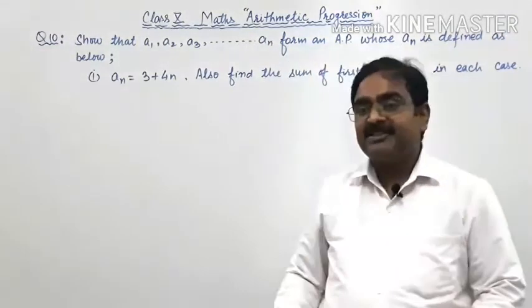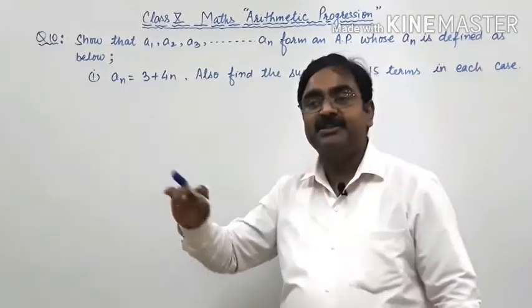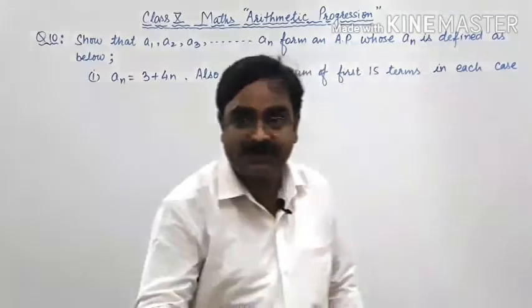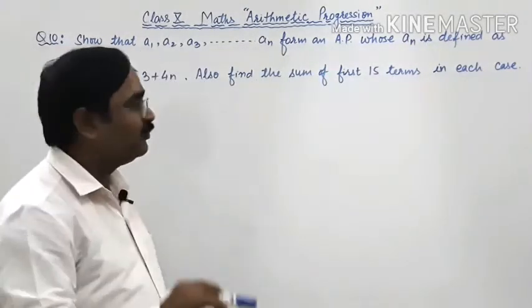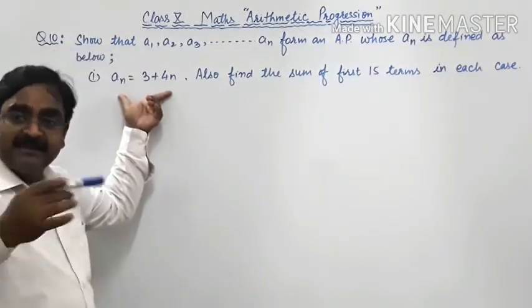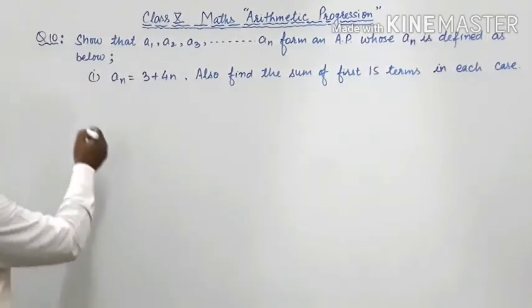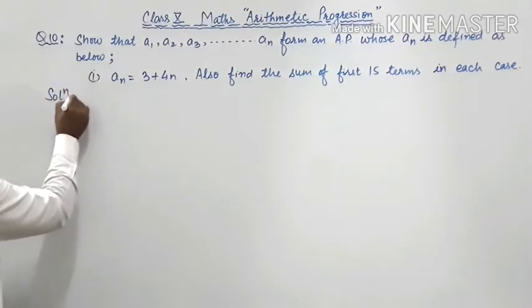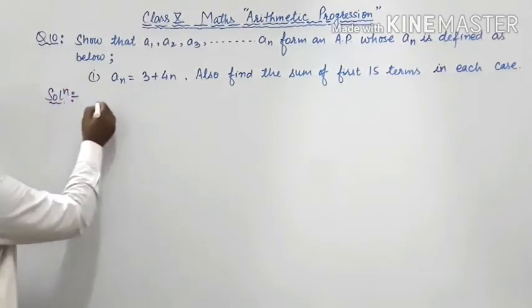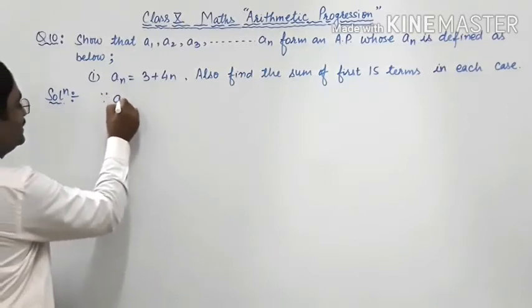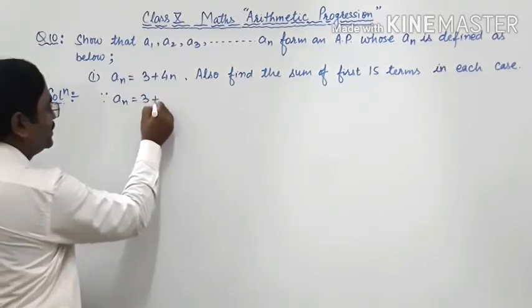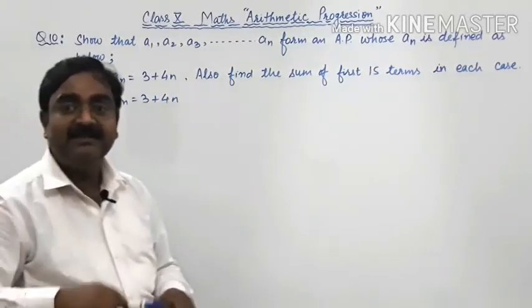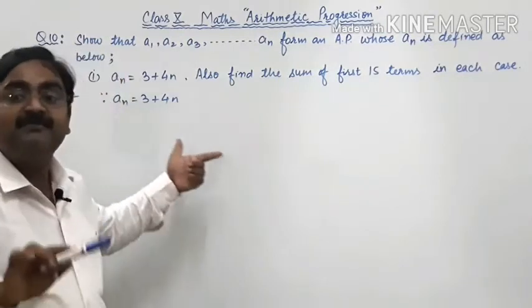As we have earlier discussed, when this type of equation is given, An is equal to 3 plus 4n, you have to use it as a formula.